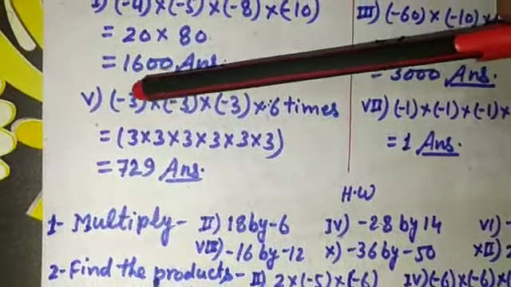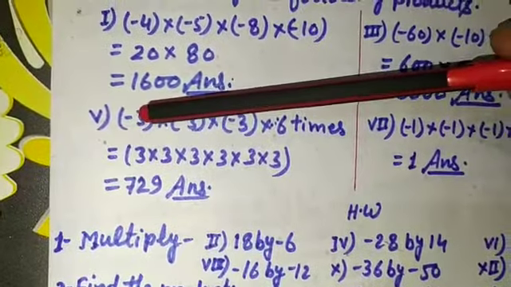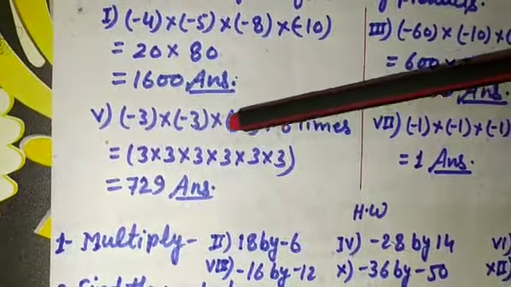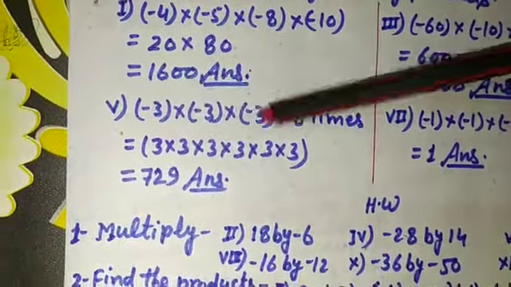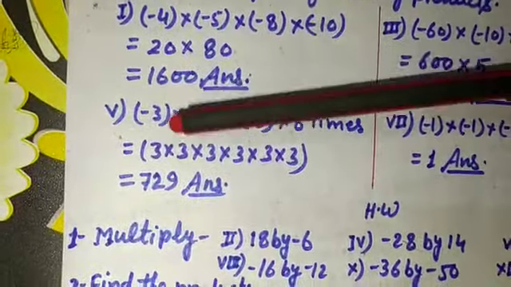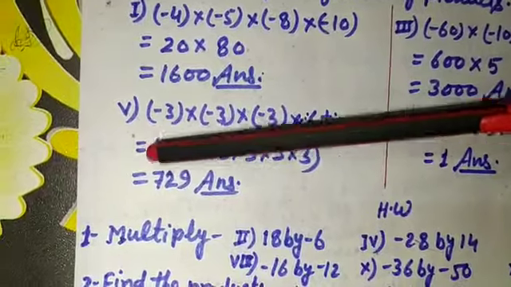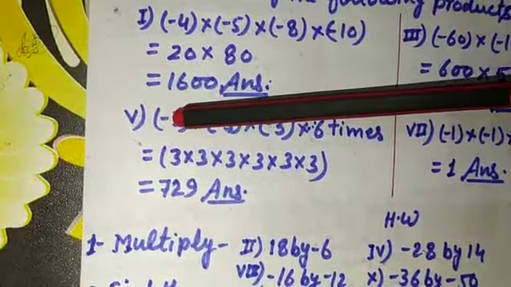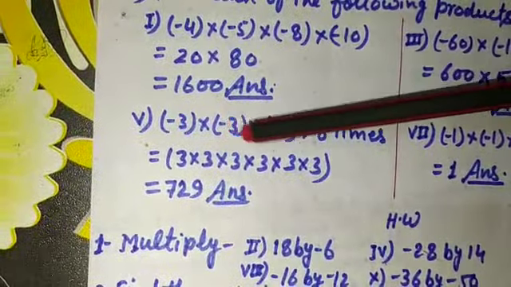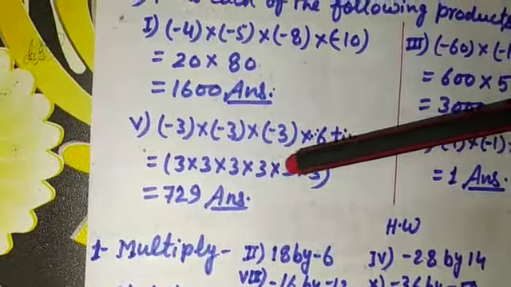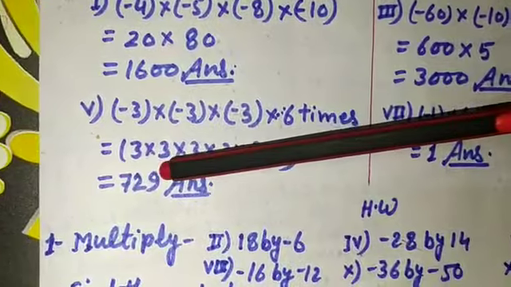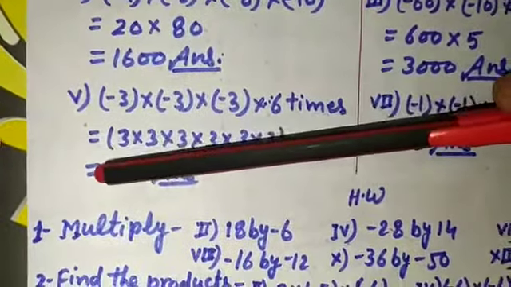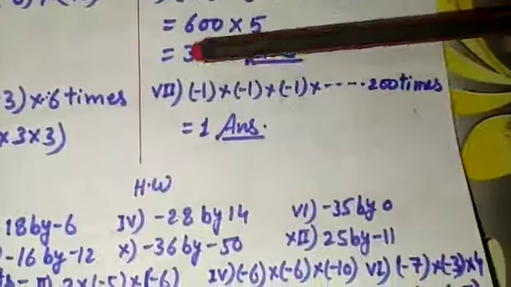Here we will learn that if the integers are in negative sign and their count is even, the result will be in positive, and therefore 3 multiplied by itself 6 times is equal to 729, and the result will be in positive.